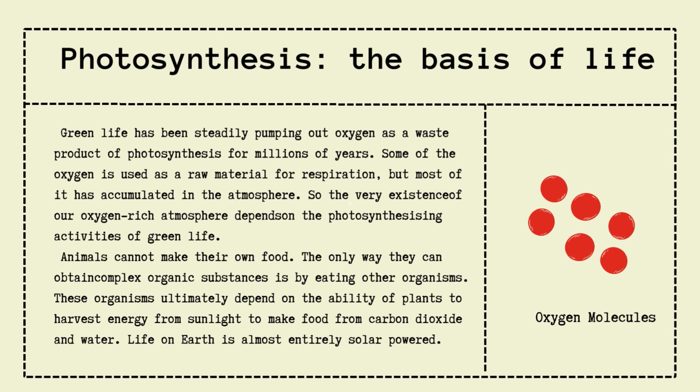The only way they can obtain complex organic substances is by eating other organisms. These organisms ultimately depend on the ability of plants to harvest energy from sunlight to make food from carbon dioxide and water. Life on Earth is almost entirely solar-powered.